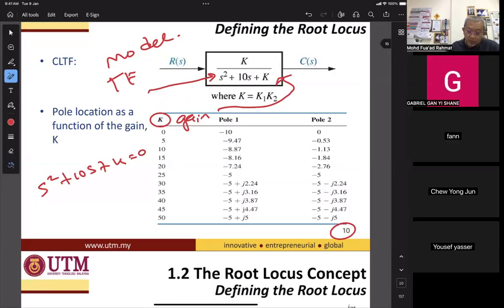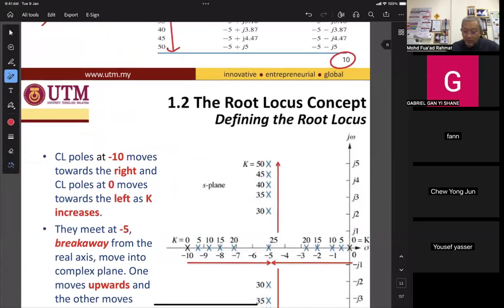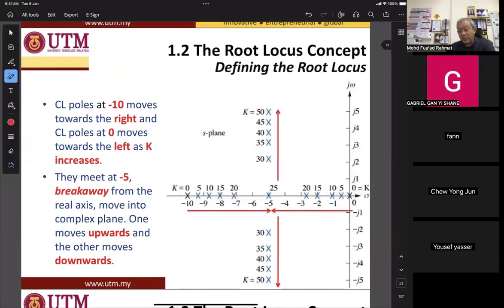Begin with 0, 5, 10, 15, 20, 25, and then continue to 30, 40 until 50. Then we get the data and plot it on the S-plane.